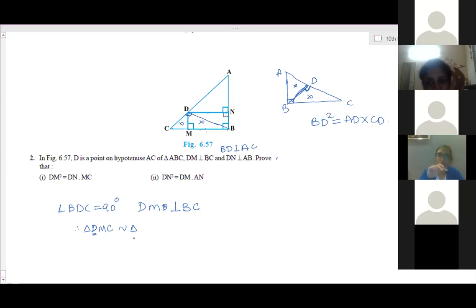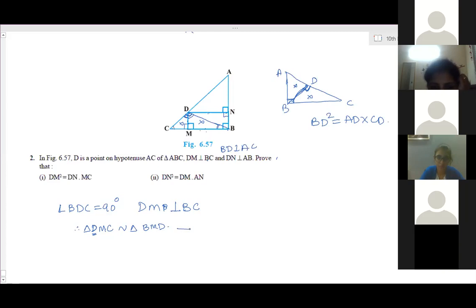Yes, Nishant? BMD, ma'am. BMD, right. So this angle is equal to this angle. Angle M is 90, 90. And this side C is equal to this side D. Always opposite.